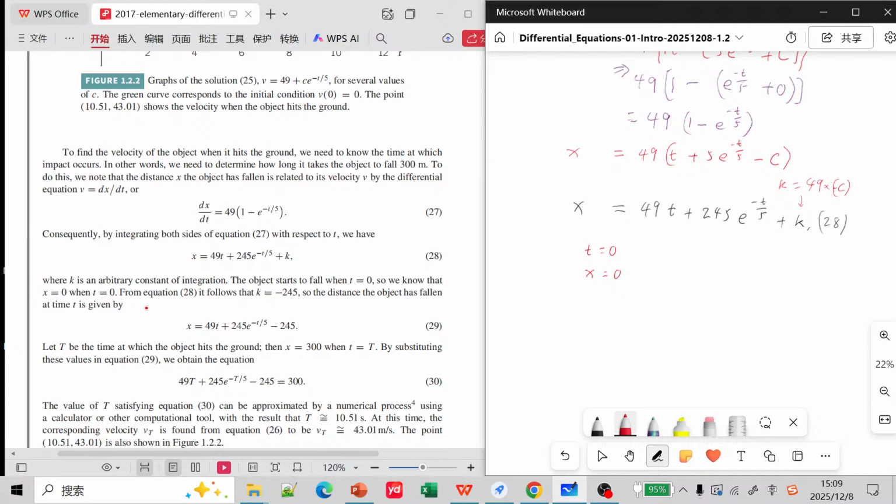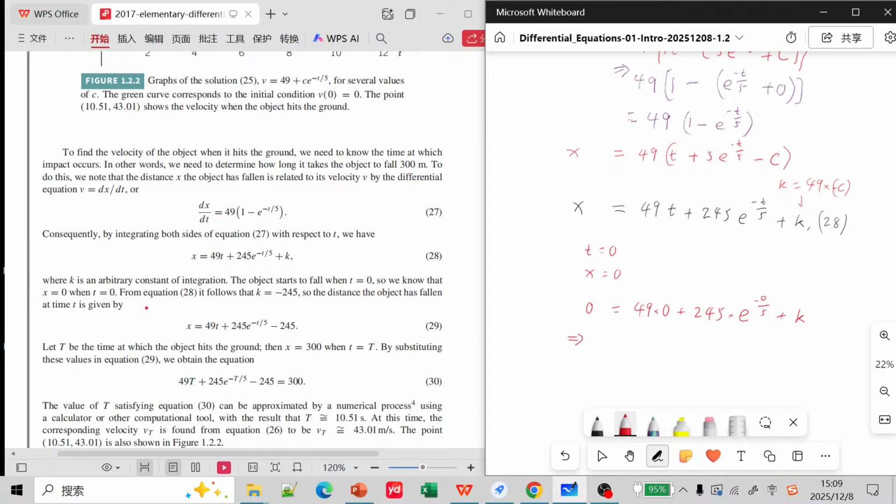And we insert this value into equation 28, we can get 0 is equal to 49 times 0 plus 245 times e to the minus 0 plus k.